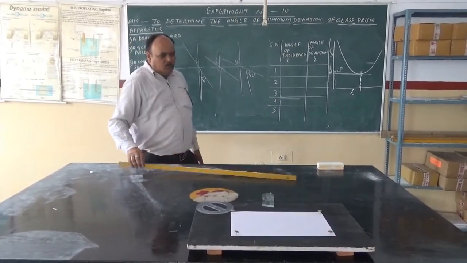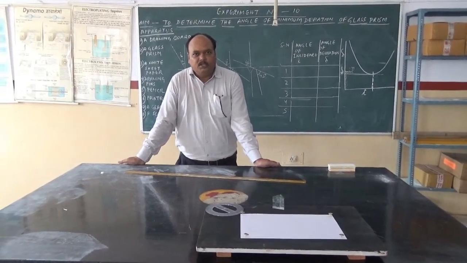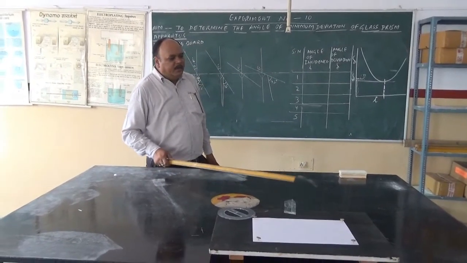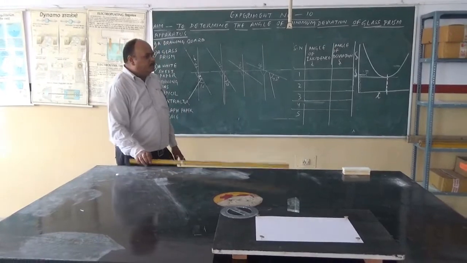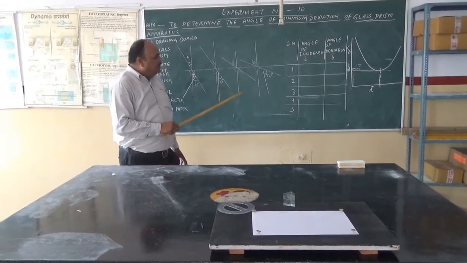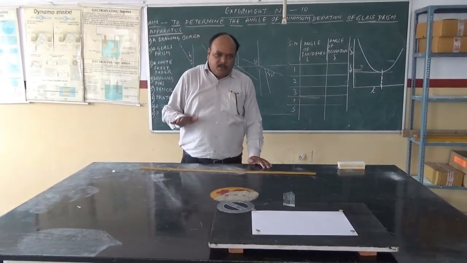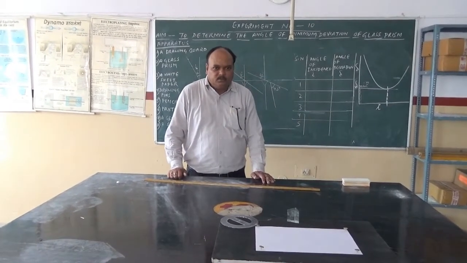First of all, we will try to know how minimum deviation can be found. When a light ray passes through a prism and is refracted, and the light becomes parallel to the base of the prism, then we get minimum deviation.